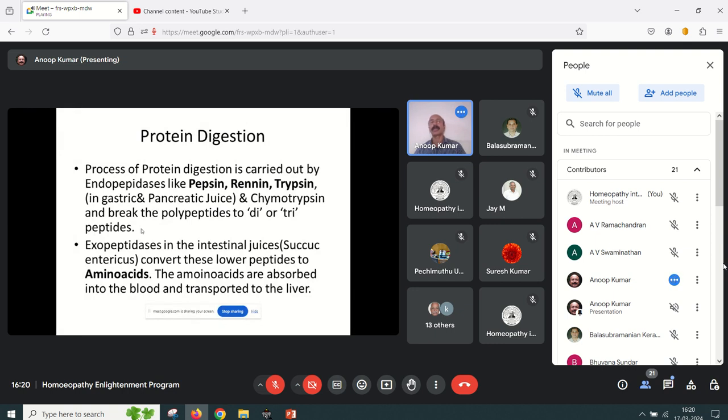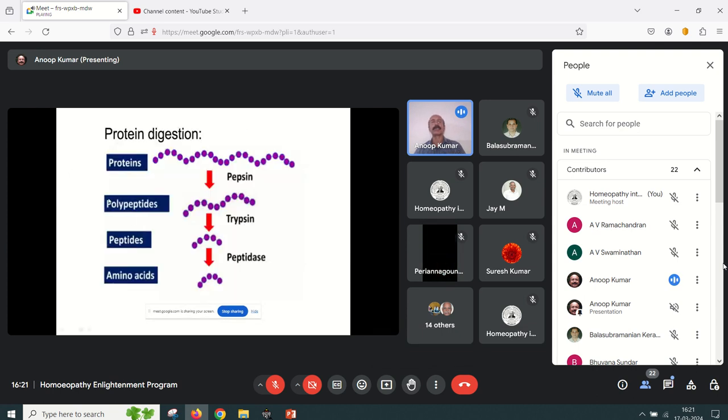When it is acted upon by the pancreatic juice, the gastric juice, and chymotrypsin, they break down the polypeptides into dipeptides or tripeptides. The exopeptidase in the intestinal juice converts these lower peptides, so these di- and tripeptides will be broken down into amino acids. The amino acids are absorbed into the blood and transported to the liver. So this is how protein will be digested.